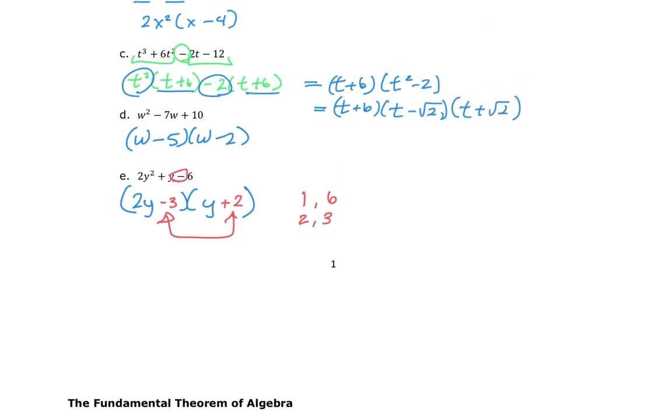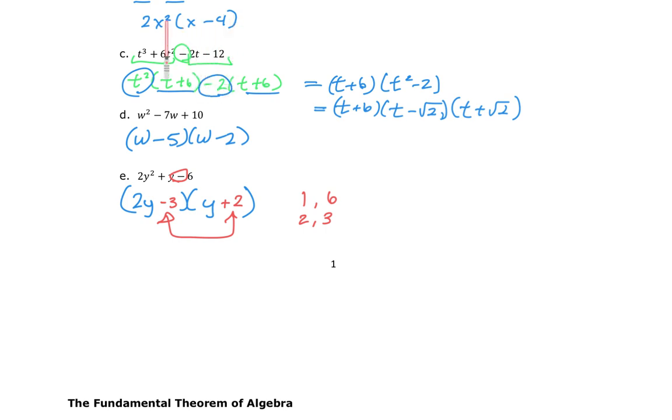If we take a look at this, here is degree 2, and we ended up with 2 factors. Here's degree 2, we ended up with 2 factors. Here's degree 3, we ended up with 3 factors. And some of these, like this one, are not nice numbers when I solve for it. Here, you're like, wait a minute, that doesn't look like 3 factors, but there are 3 factors here.